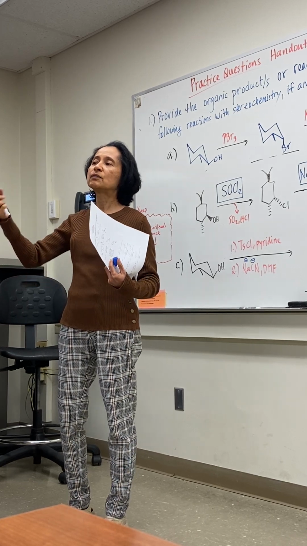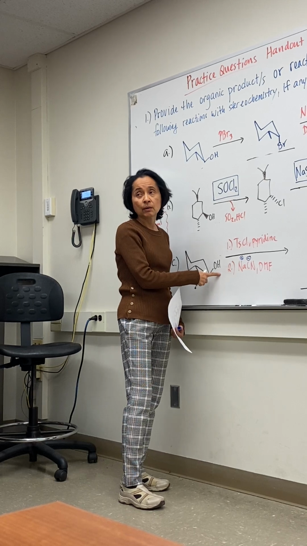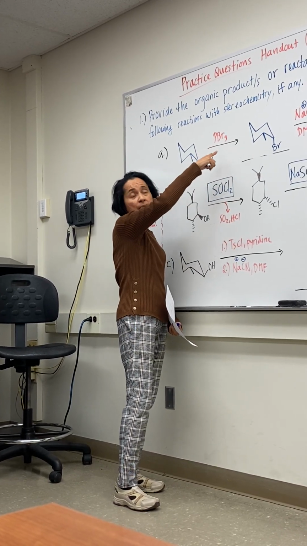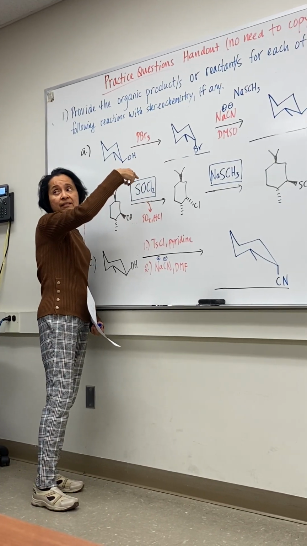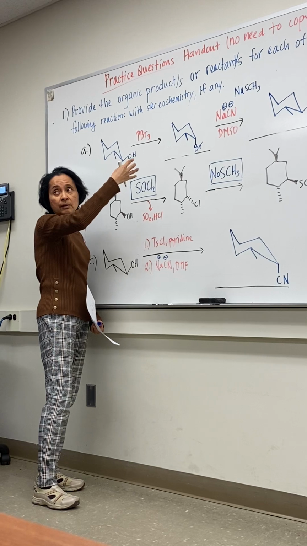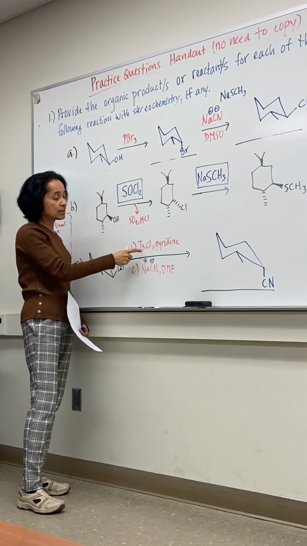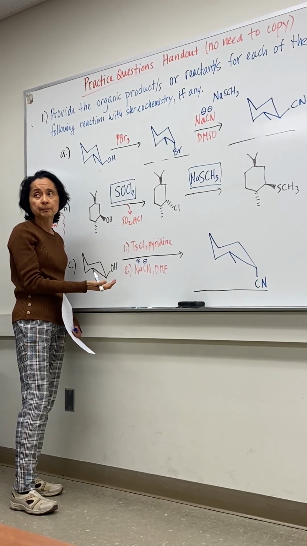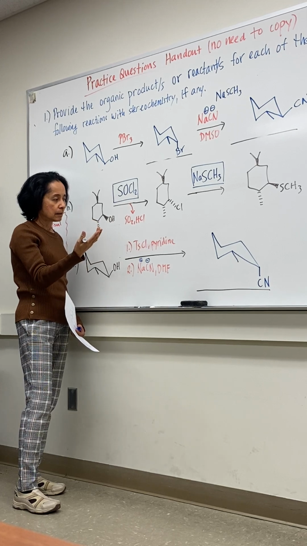So you have to make it a good leaving group by putting TS. So different ways to make the OH come out is to convert this H to TS, then that becomes a good leaving group. Yeah, but then when it leaves, it doesn't change the configuration.